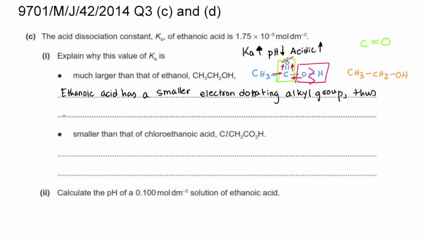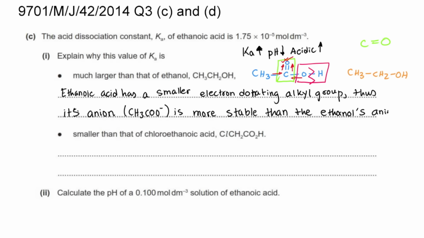Thus, its anion, meaning CH3COO minus, is more stable than the ethanol's anion of CH3CH2O minus. Hence, it is more acidic.